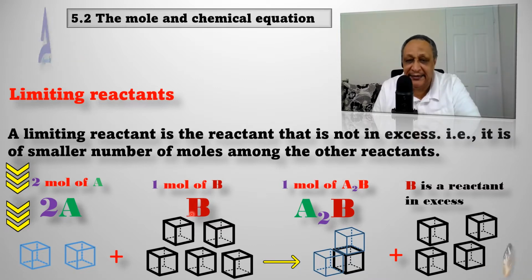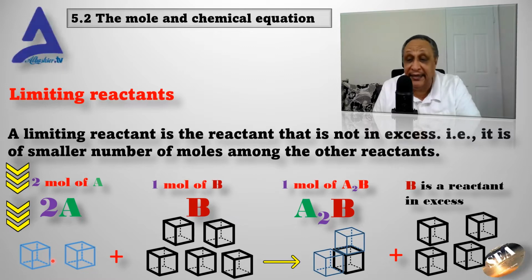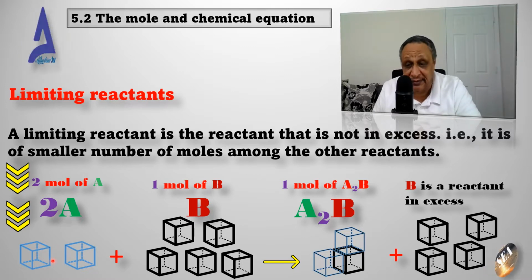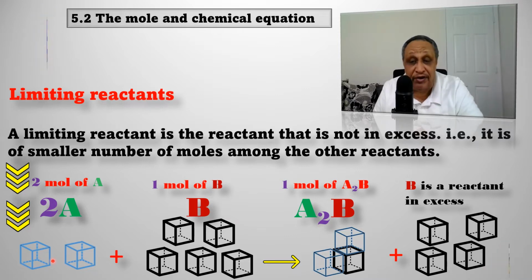How is it in excess, and this is the limiting factor? Because the units here are more. I don't need but 1 mole, but here I need 2 moles. If I consume those 2 moles, then the reaction is going to stop. There is no more reaction. The reaction is no longer going on. It's going to stop.